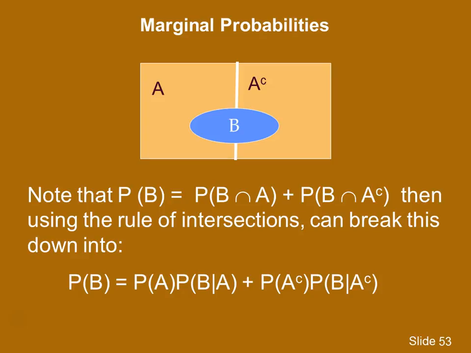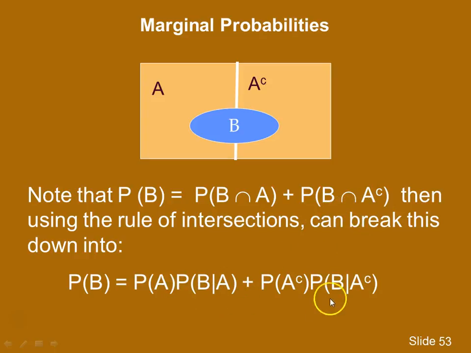Now suppose, however, in a given problem, we don't know those intersections. They weren't given to us in the problem. However, other information may have been given to us which allows us to calculate them. If we use the rule of intersections to break down each of these two parts, B intersect A can be written as P(A) times P(B given A).